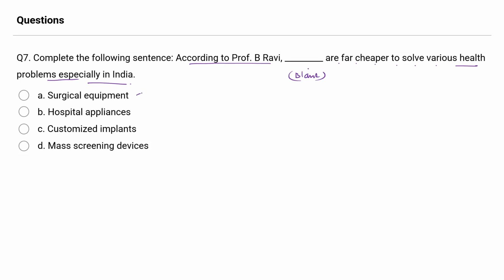Is it the surgical equipments, hospital appliances, customized implants, or mass screening devices? We are referring to what are far cheaper to solve various health problems in India.